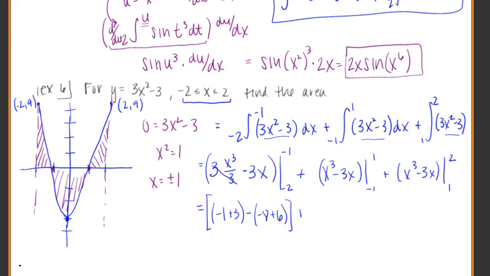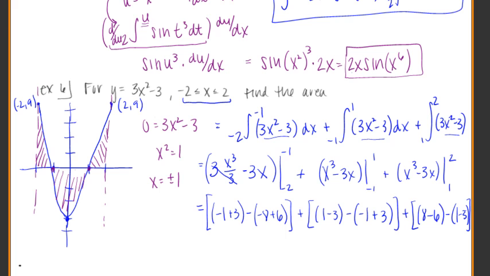In the next group, the upper bound: 1 cubed is 1, minus 3, minus the lower bound, negative 1 plus 3. In the last group, the upper bound gives 8 minus 6, minus 1 minus 3.